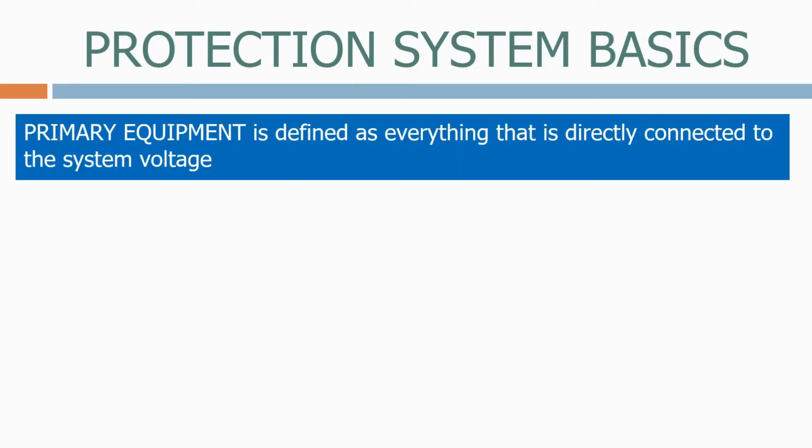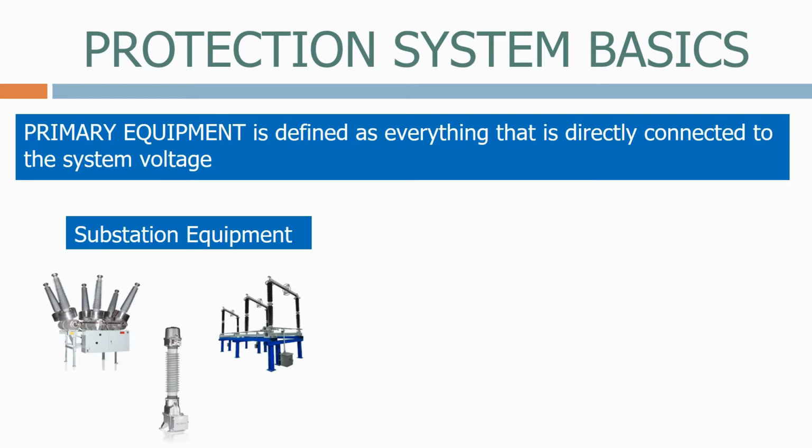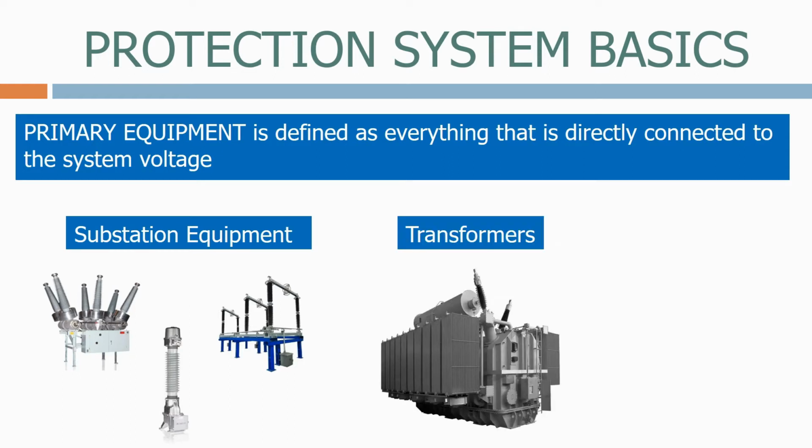Primary equipment is defined as everything that is directly connected to the system voltage. This includes substation equipment, such as circuit breakers, isolators, and current transformers. Transformers change the system voltage from a high level to a low level.